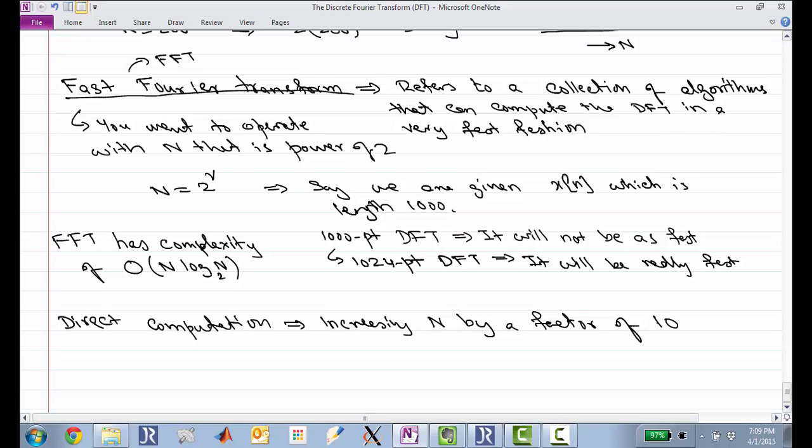So let's say you originally had some value, you now increase it by a factor of 10. Direct computation means that you will have to wait 100 times longer because the relationship is square. 100 times longer we'll have to wait.